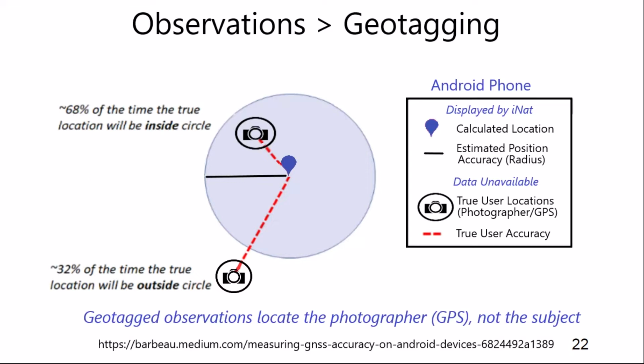But 32% of the time, that calculated location and accuracy is actually going to be outside of where you are. So there's a good chance that you're not even going to be close.